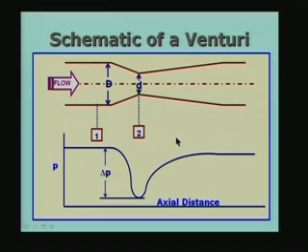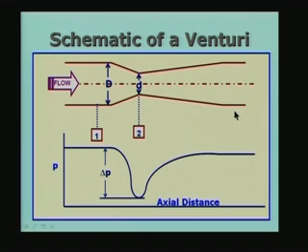The third arrangement, which is one of the best ways of doing it, is to have a venturi, which is a converging-diverging nozzle. It starts converging from D to a small diameter d, and again it starts diverging and goes back to the original diameter. Of course, the disadvantage of the venturi, if you want to call it a disadvantage, is that it requires a long length for the measuring device.